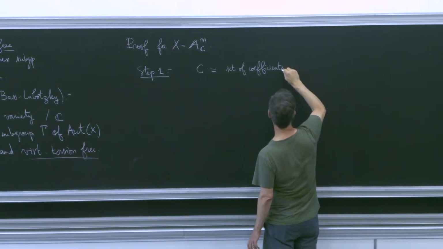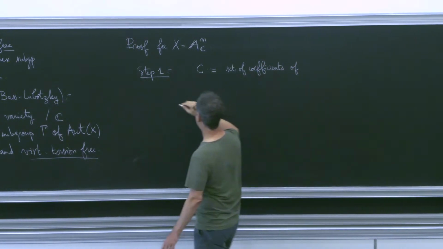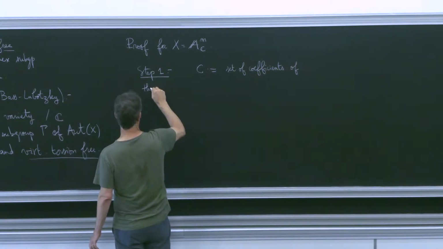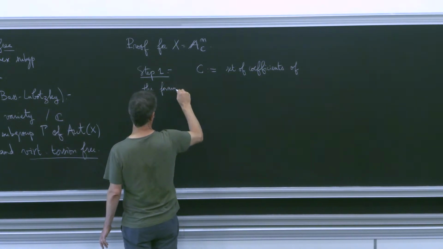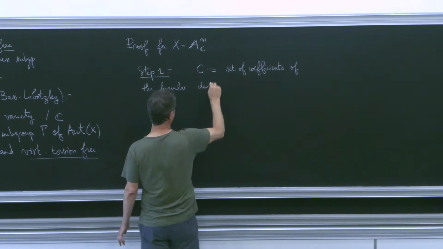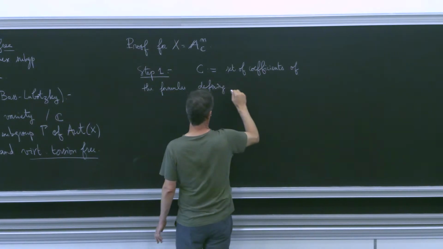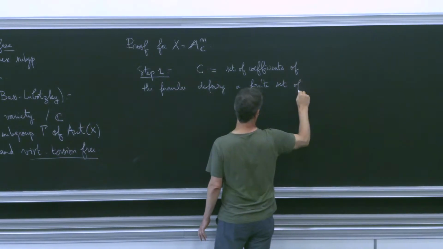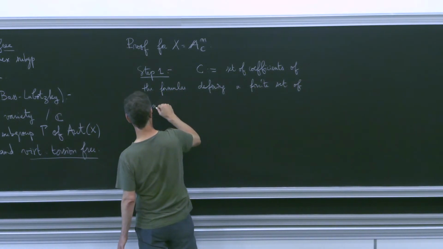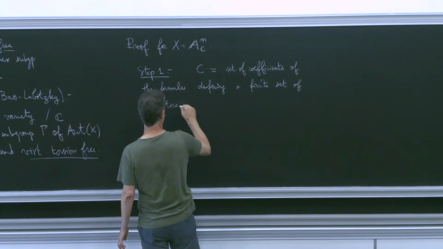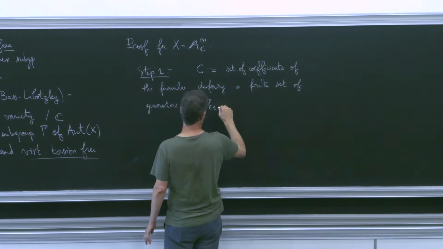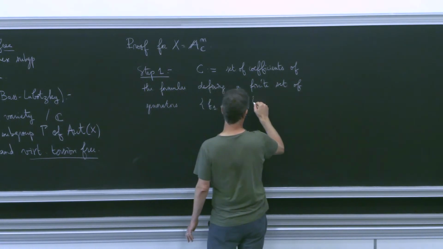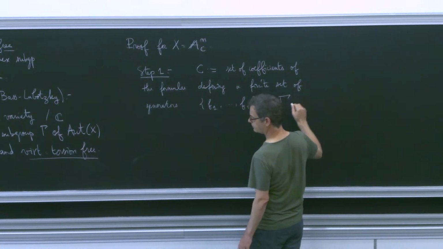Set of coefficients of the formulas defining a finite set of generators f1 up to fs in your group gamma.